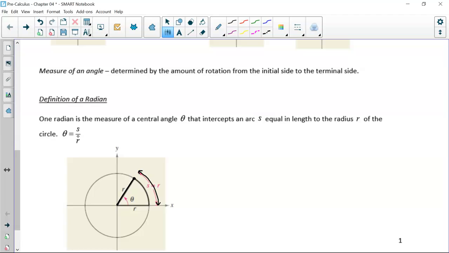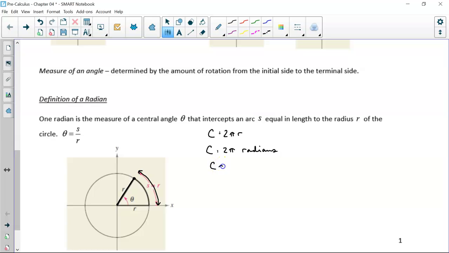Now, keep in mind, a circle's circumference is 2 pi r. So since r is that radius, a circle has a length of 2 pi radians. The circumference of a circle is 2 pi radians because the radius is that radian.